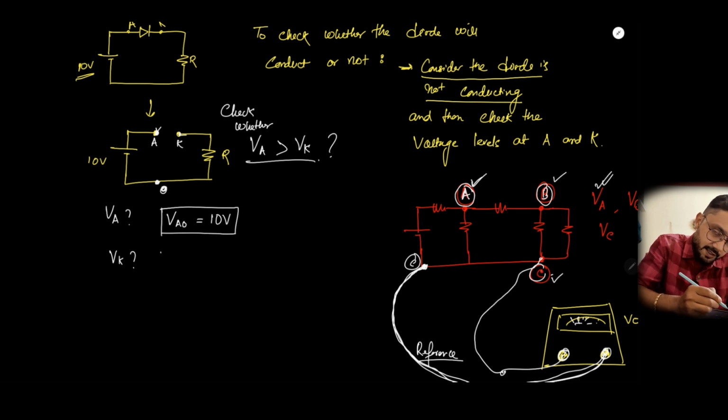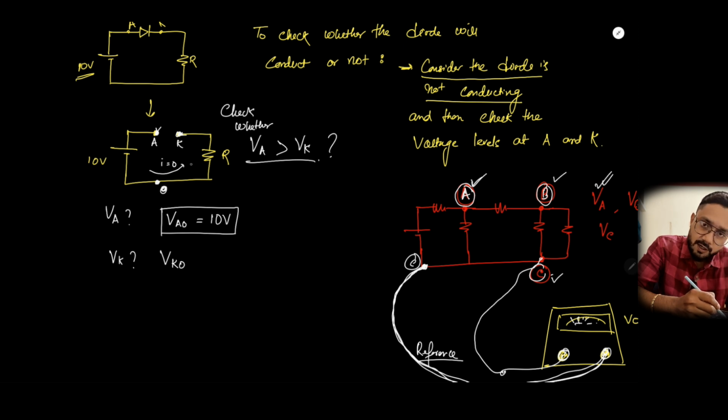Now what will be the voltage at point K, that is, the cathode voltage? Cathode voltage is basically VKO. Now we have considered that the diode is not conducting, it is an open circuit. That means there is no current flowing in the circuit, and if there is no current flowing, then Vk, the cathode voltage, and the reference node voltage are basically the same.